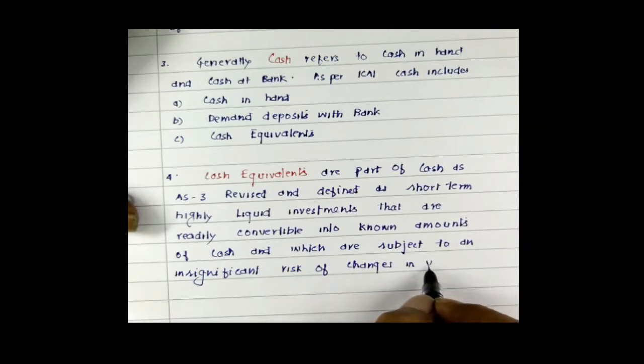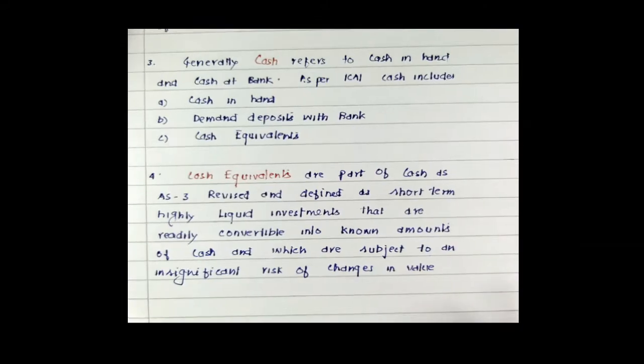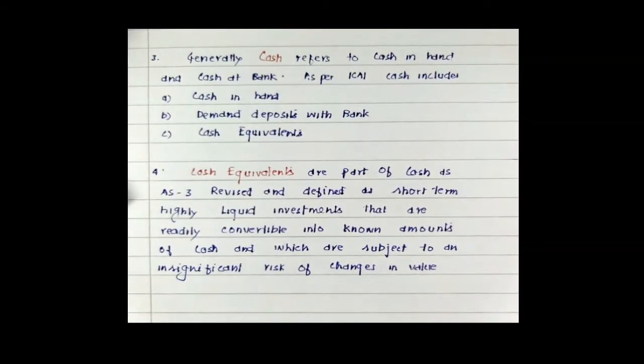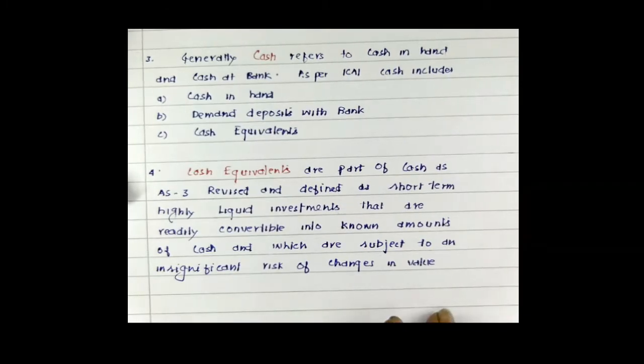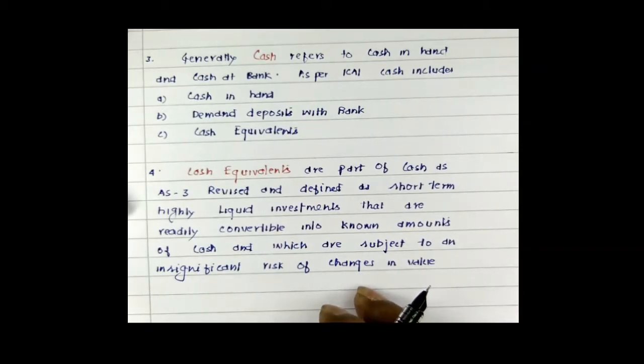That was the point I was just trying to tell you. If you have investments of 1 lakh, there should not be any change in its value when you convert it into cash. If there will be a change in value, that means there is a risk involved, so it cannot be considered as a cash equivalent, because it is not convertible into known amount of cash. Is it clear to you or not? So these are the things which you should be aware of.